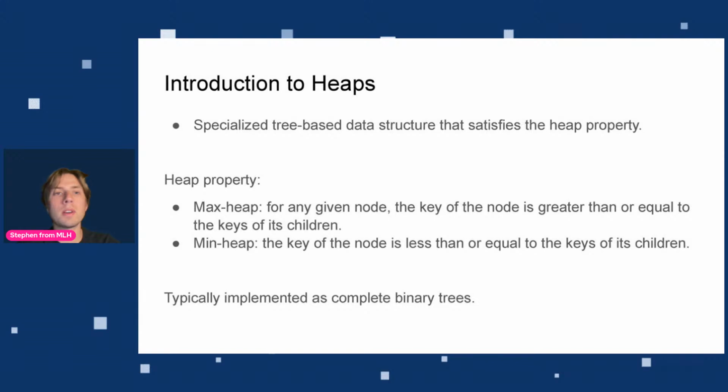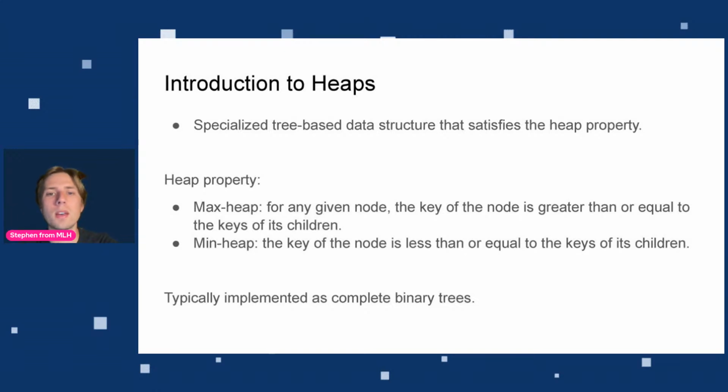So when we have a heap, it's typically implemented as a complete binary tree. And you might remember from our complete binary trees that those have a special property where each level is completely filled, except for possibly the last level.